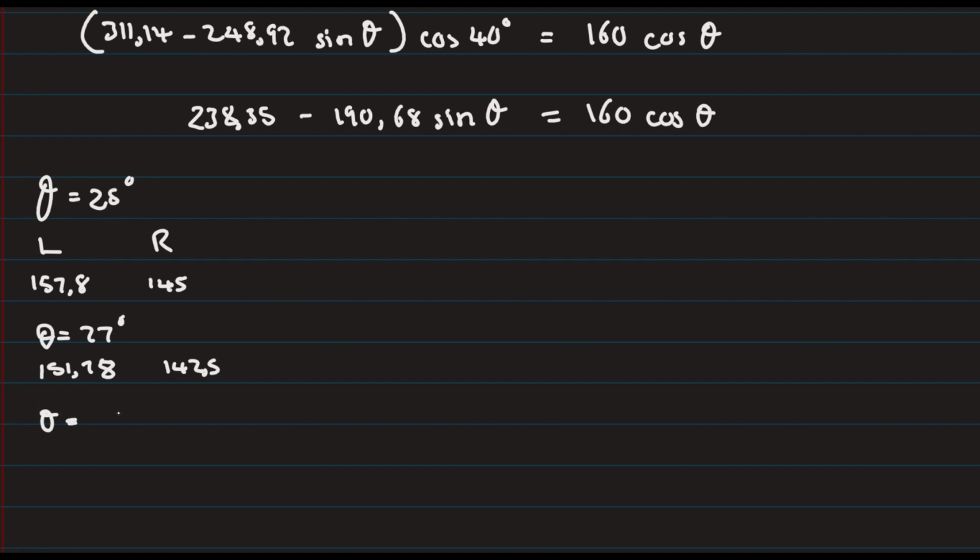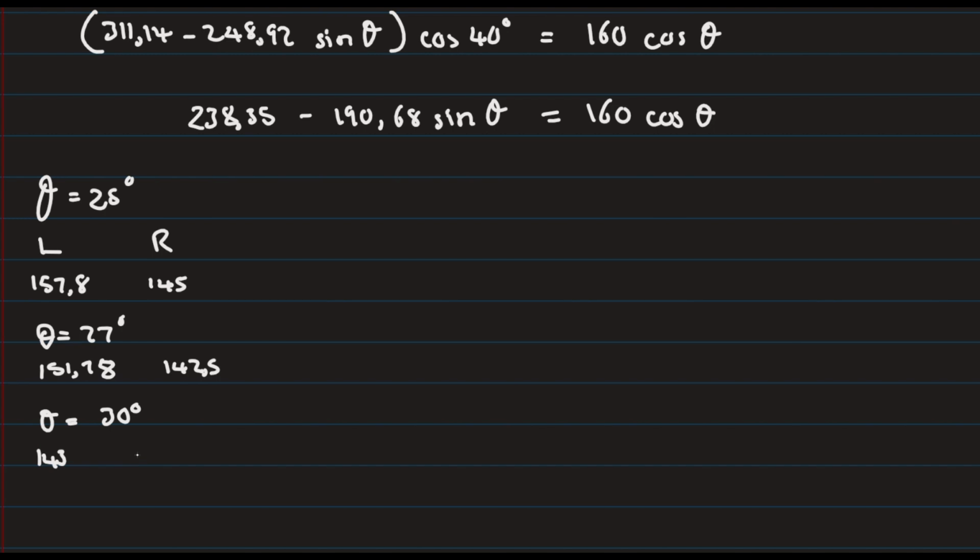So now let's say theta is equal to 30. On the left hand side, 238.35 minus 190.68 sine 30, we now get 143.